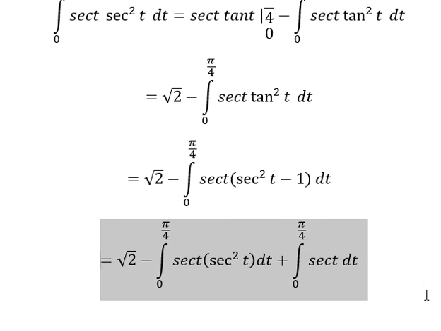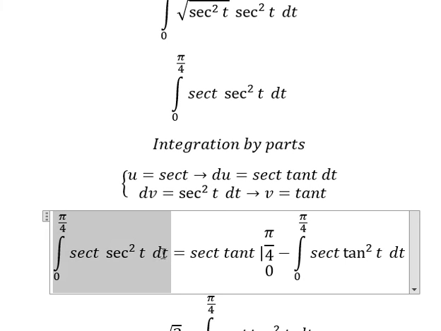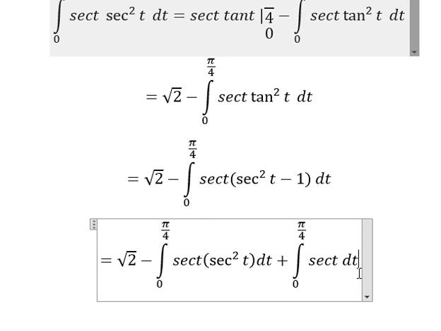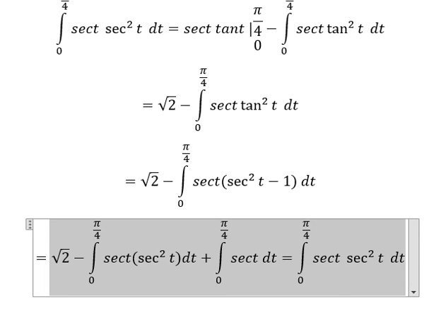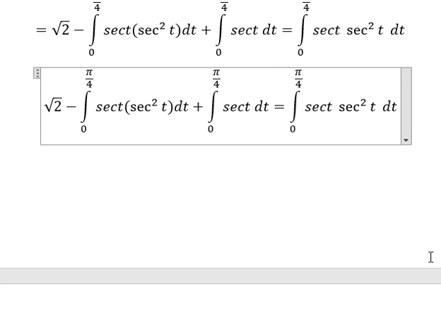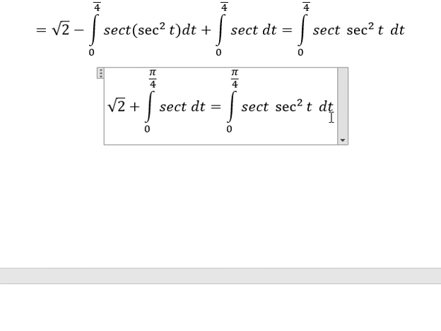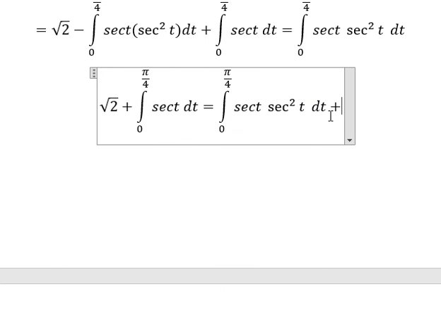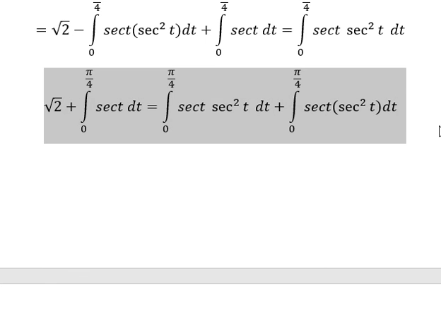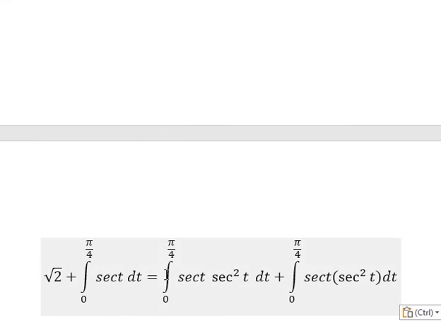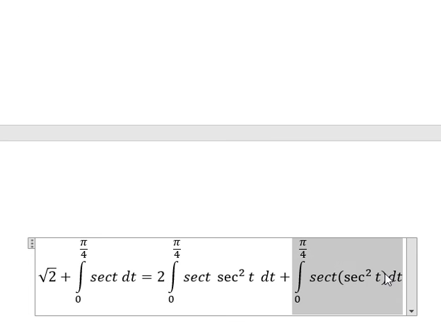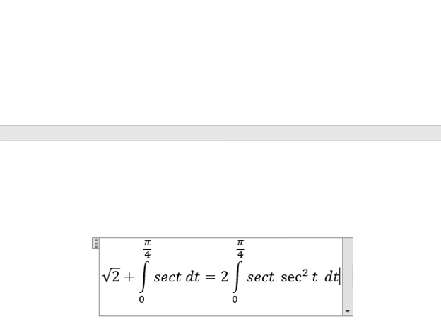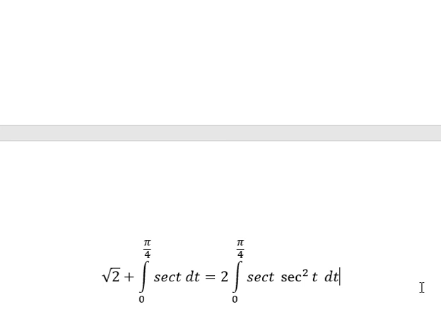And we know that this one equals to this one. So I will put this one to the right. So this one plus this one, we have number 2. Later we divide both sides by number 2.